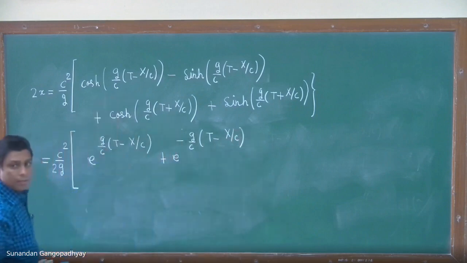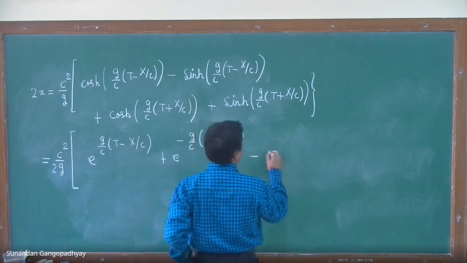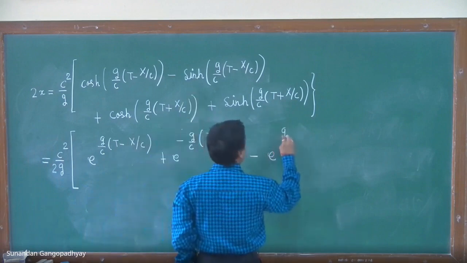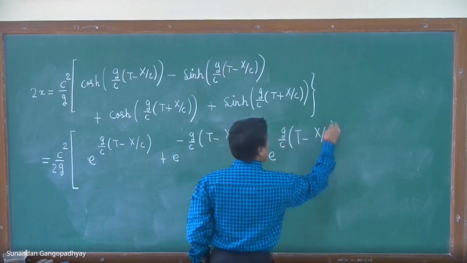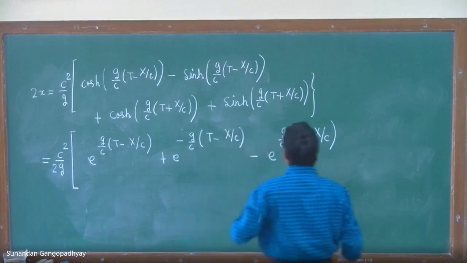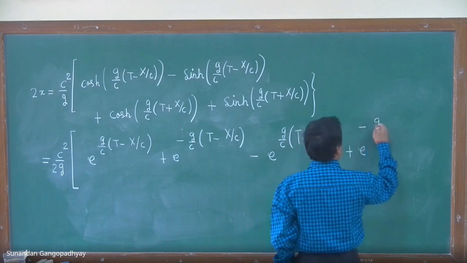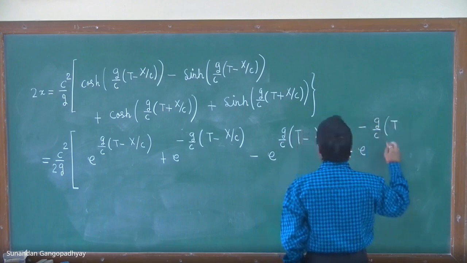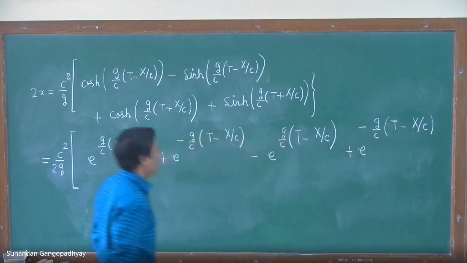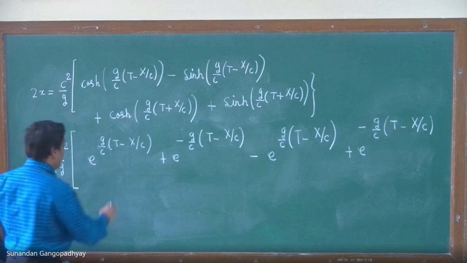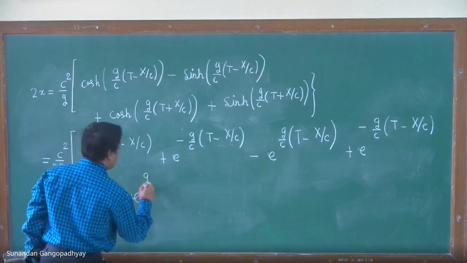Okay, e to the x plus e to the minus x minus sinh. So this is e to the power of g by c, and then minus, so this will be plus exponential. If I make some error, please tell me. Now this is cosh. So once again, this will be e to the power of g by c.